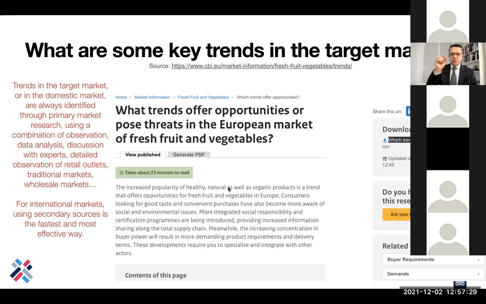They go and ask importers, they go and ask wholesalers, they do the primary research, and they collect all of that into fairly small reports. I mean, this one is saying that it takes about 23 minutes to read. So relatively condensed, relatively brief, but all full of substance. So CBI, top source when it comes to the EU, my go-to source when it comes to the EU.